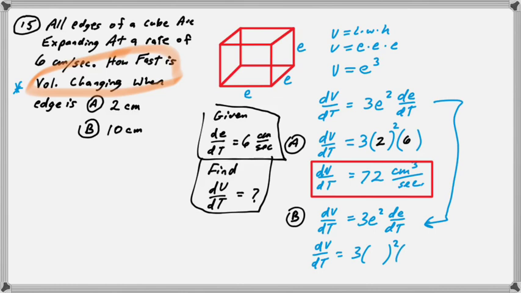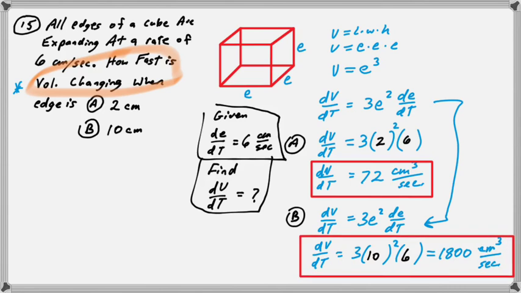What do I put in for the edge this time? 10. What is dE dt given in the first sentence of the problem? 6. So what does that make dV dt? 1800. And volume is cubic, so it's cubic centimeters. Time is in seconds, I believe. So there's your answer for A and for B.